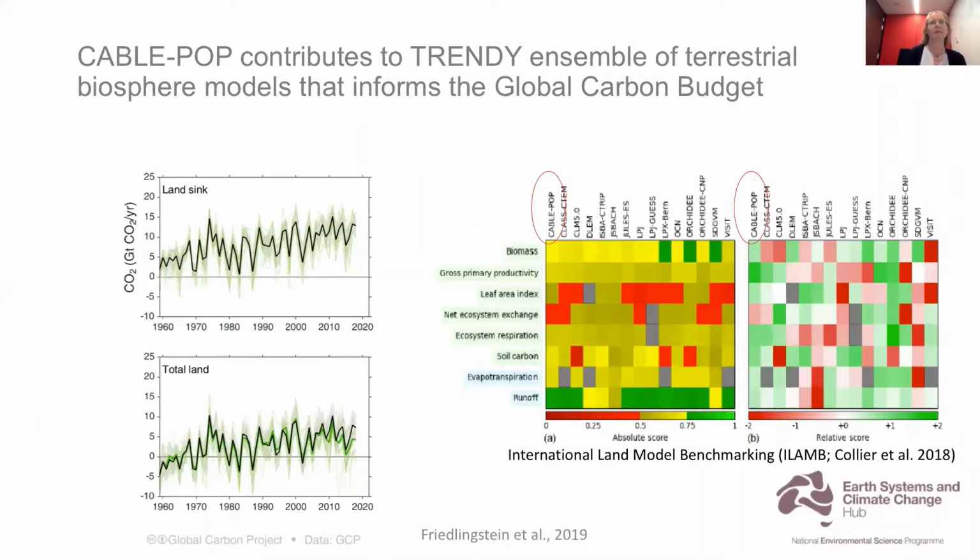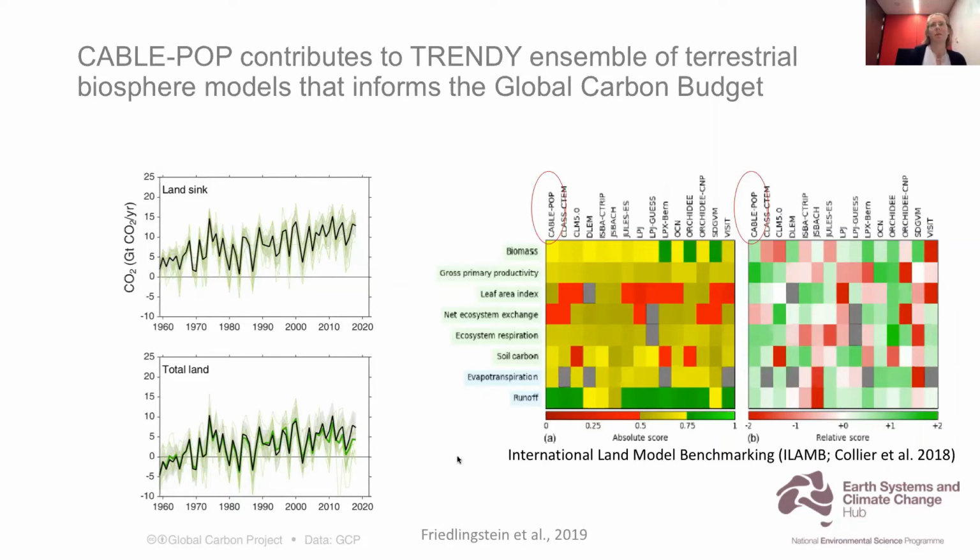Okay, so as I've mentioned, we contribute every year to this ensemble of terrestrial biosphere models informing the global carbon budget. On the left there is the land carbon sink estimated by the ensemble. The dark line there is the multi-model mean, and the thin green lines are the individual models.